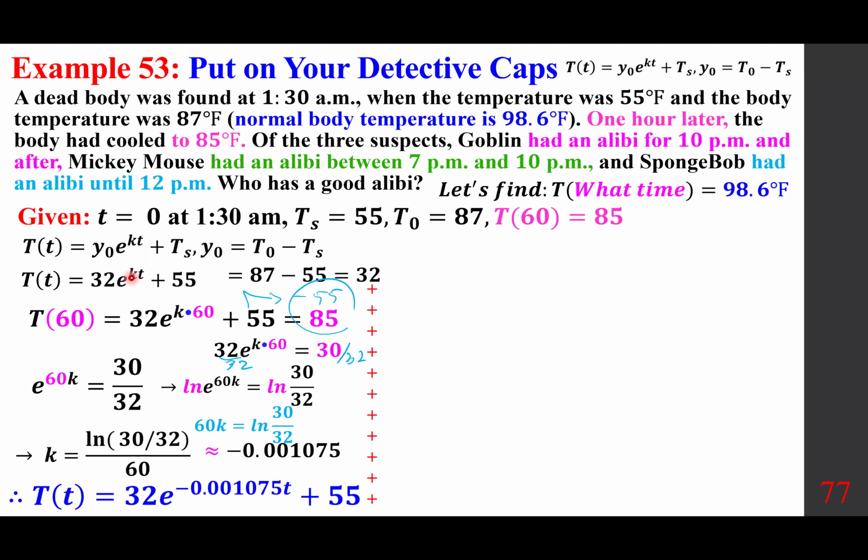So T of t, the general form for this situation, is 32 e to the power of negative 0.001075 t plus 55. When was it supposed to be 98.6 degrees? We are going to set this equal to 98.6 degrees and find the missing time. So set this one equal to the normal body temperature, 98.6, and find the missing t.